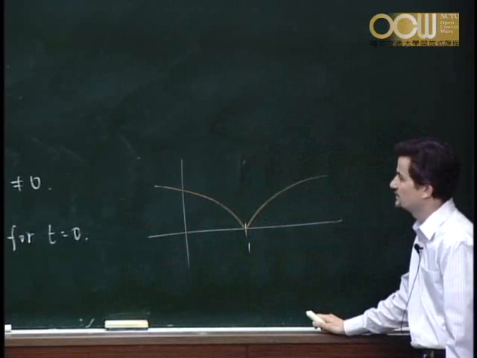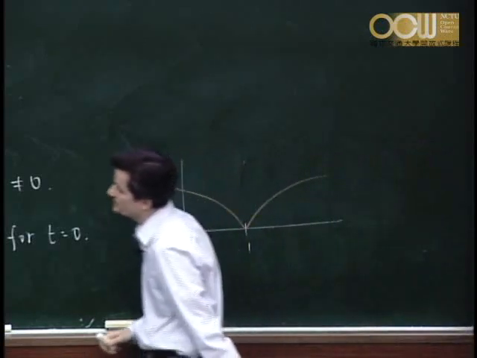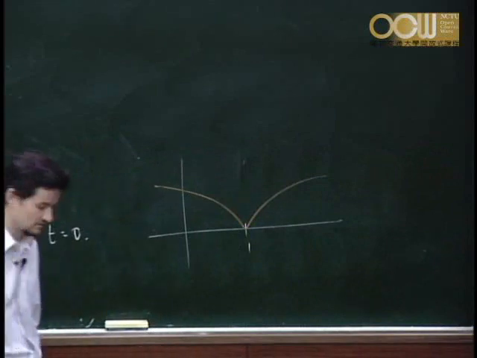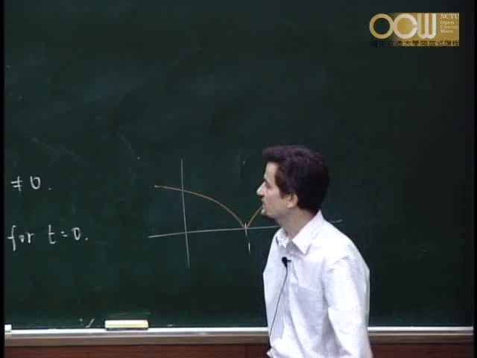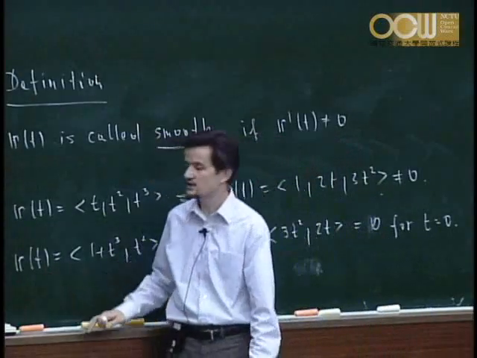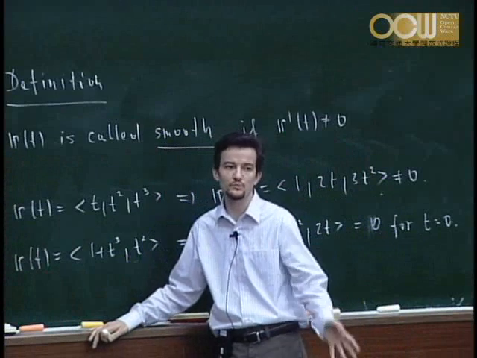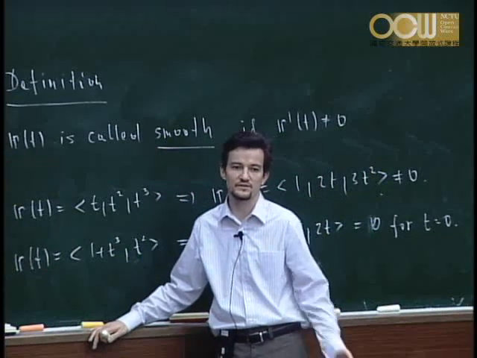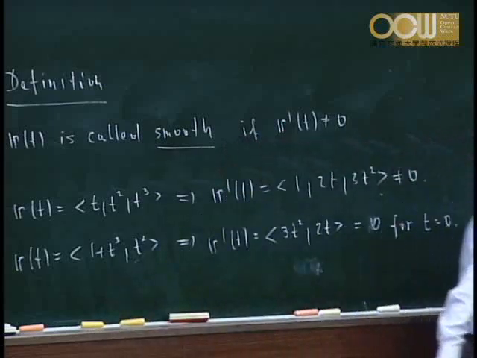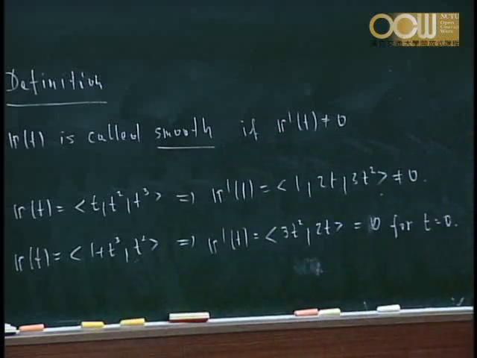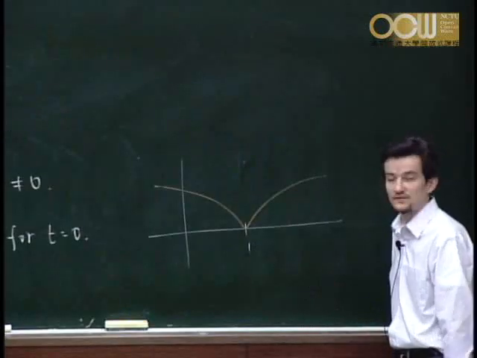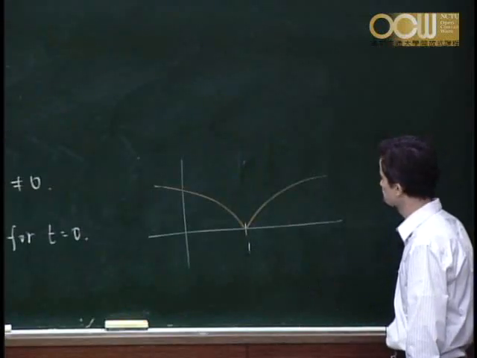So if you can divide the domain into subsets such that the vector function is smooth on all those subsets, we will call the original vector function piecewise smooth. So piecewise smooth is smooth except you have a finite number of exceptions. So something like here, you have only one exception, t equal to 0, where this function is not smooth.